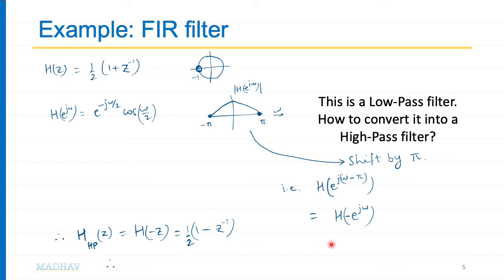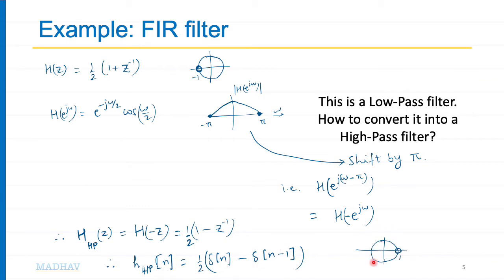This means my impulse response h[n] for the high pass filter, you can simply take the inverse z transform, which is very simple. It is simply half and minus half. That's it.